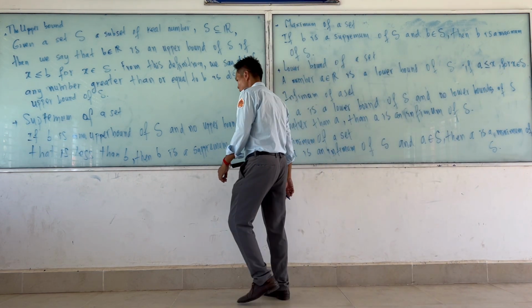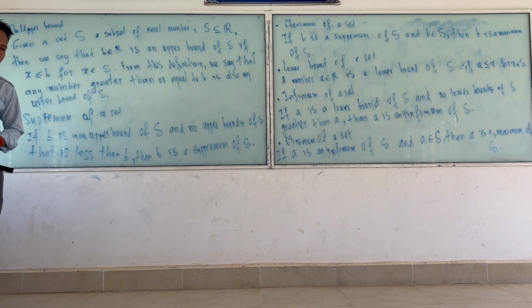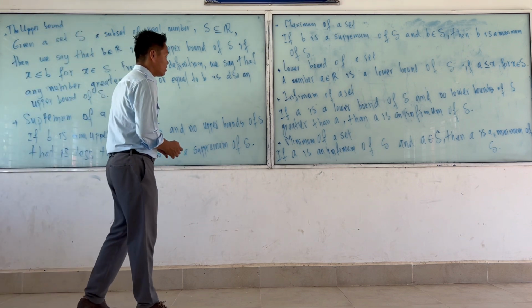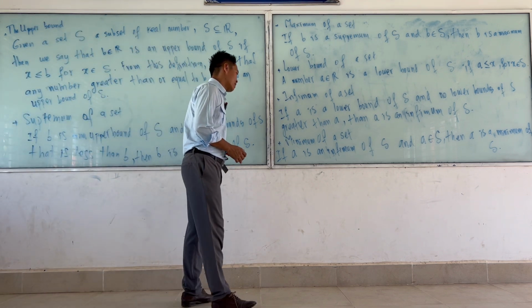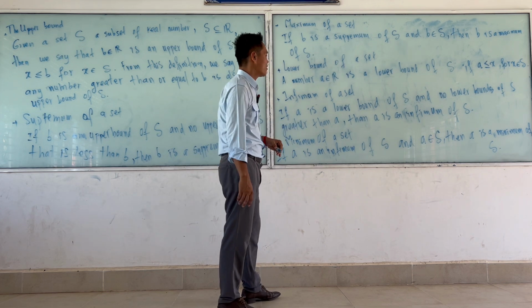So when you find a lower bound, an infimum, as well as a minimum of a set, they are related, right?